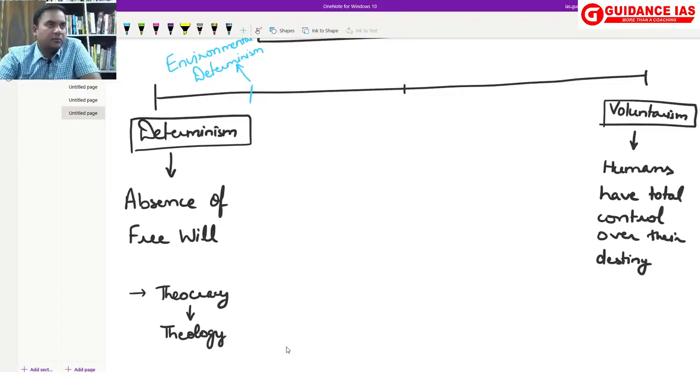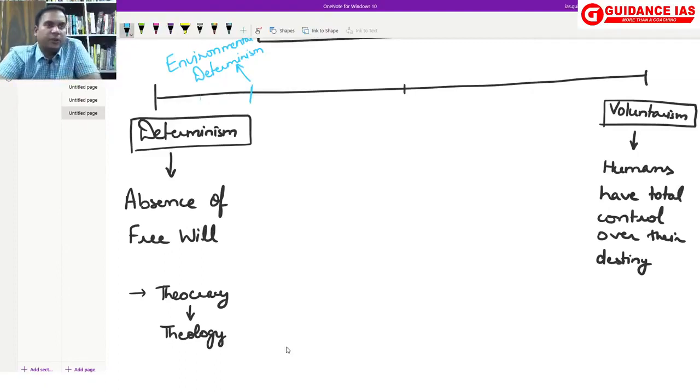Yes or no? In a way, religion is what? It is highly deterministic. Everything God is deciding, and we are like puppets. So theocracy, theology is essentially what? It was determinist. And if I have to place these theocracy and theology, I would be placing more near to this extreme viewpoint.